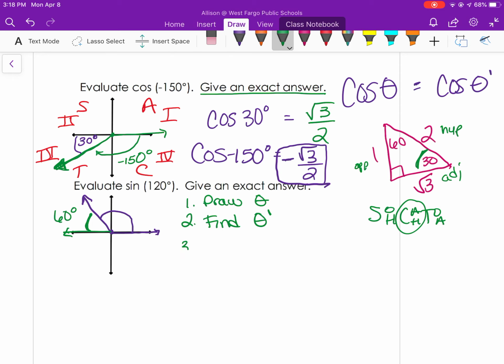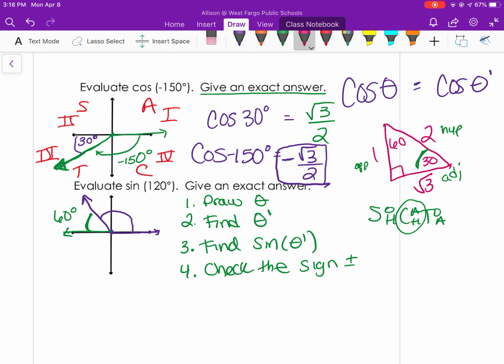So now I can find the sine of that reference angle. And then I'm going to check whether the sine is positive or negative. So I can use the 30, 60, 90 triangle again since I want the sine of 60 degrees. Across from 30 is 1, across from 60 is the square root of 3, and across from the right angle, the hypotenuse, is 2.